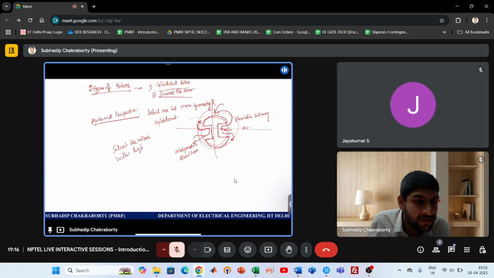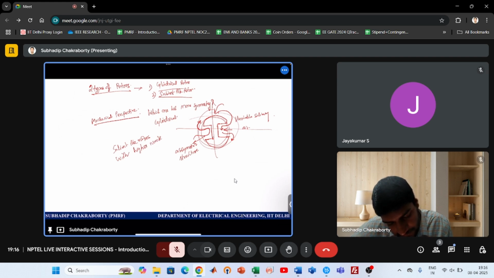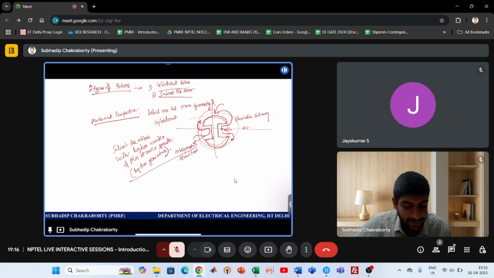You can embed more poles at lower speed, especially in hydro generators. For example, 120 F by P, you must know that is the synchronous speed.